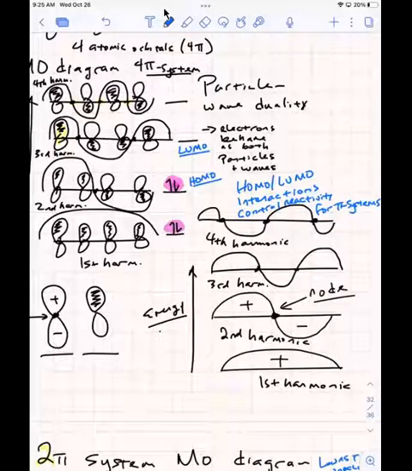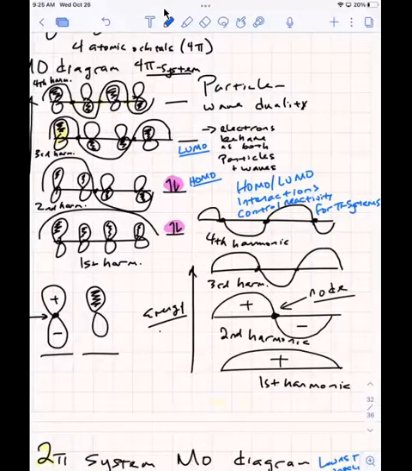It's in the second energy level, not in the first. So that's a higher energy level, and it has electrons in it. And then the LUMO is empty. That's what unoccupied means. It has no electrons. Okay, yeah, that makes sense.